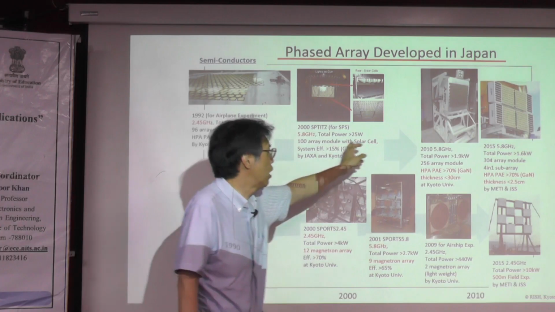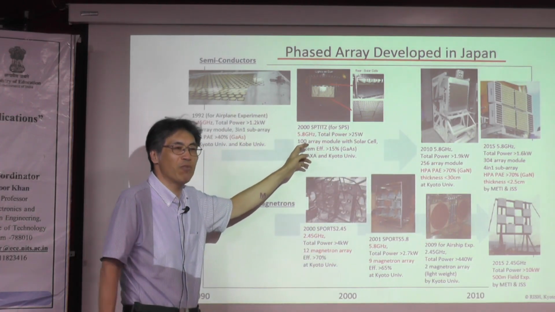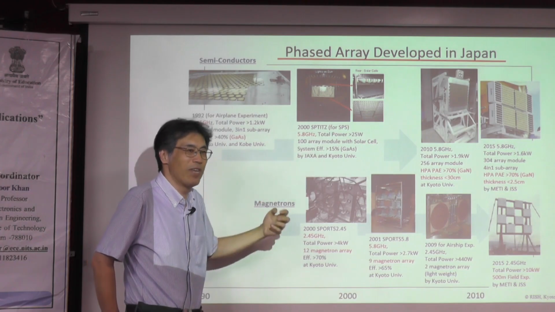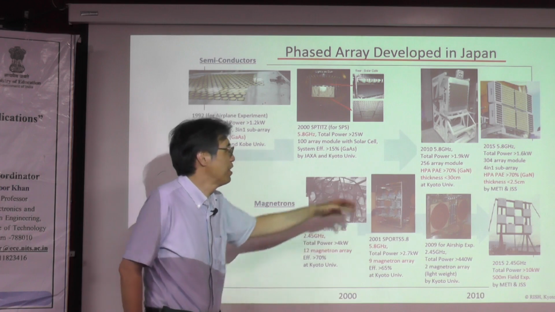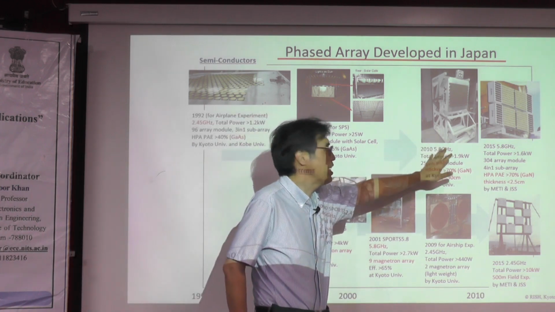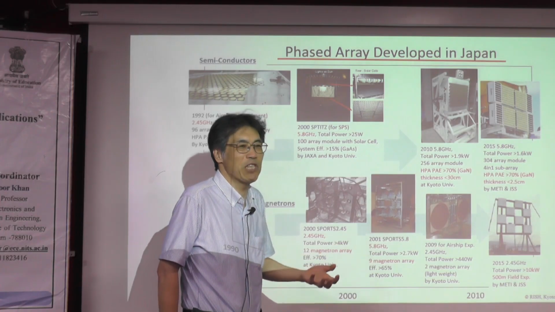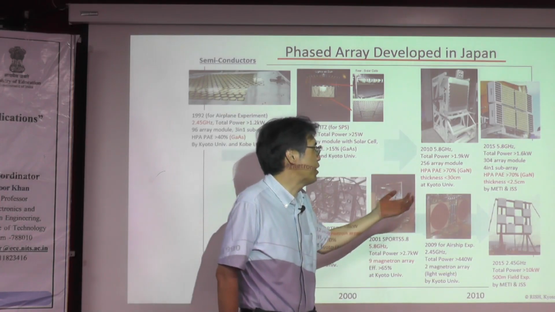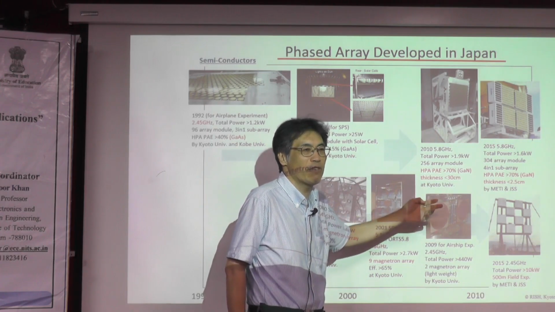And at that time, we didn't have enough budget, so we bought the semiconductor, gallium arsenide or other. But about 10 years ago, we got much budget from the Japanese government, and we developed gallium nitride itself as a wide bandgap semiconductor.